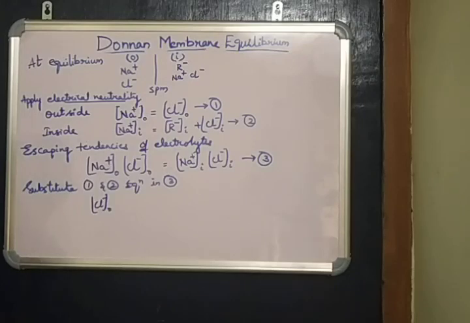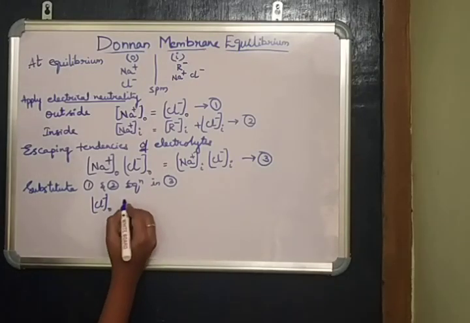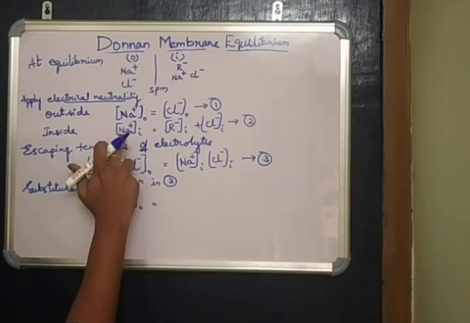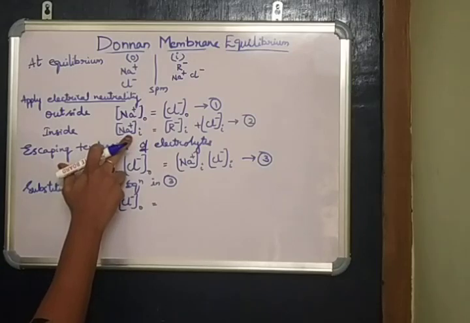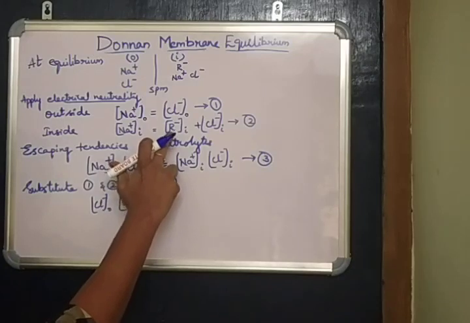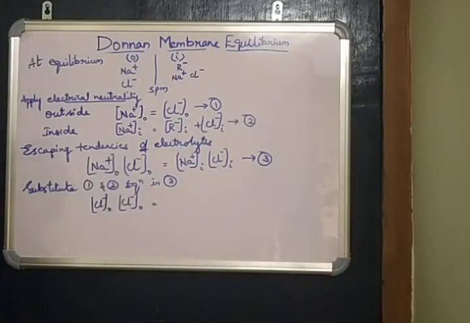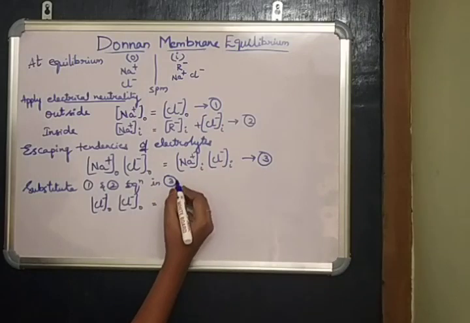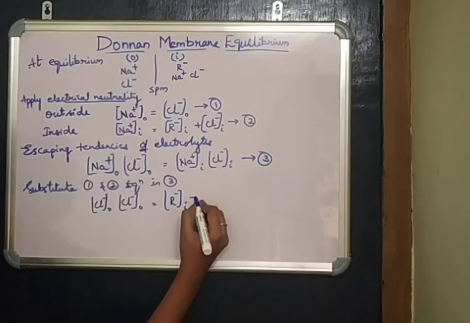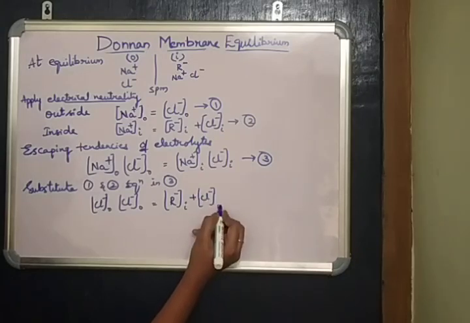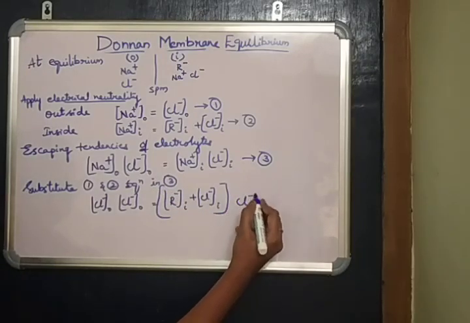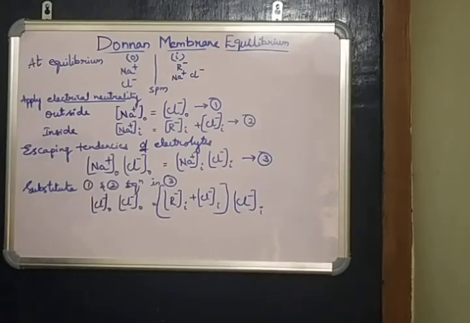Concentration of Cl minus outside times concentration of Cl minus outside is equal to the concentration of Na plus inside, and in the place of this Na plus we write the concentration of R minus inside plus the concentration of Cl minus inside, times the Cl minus inside concentration.